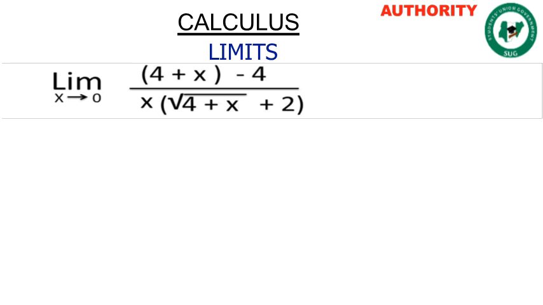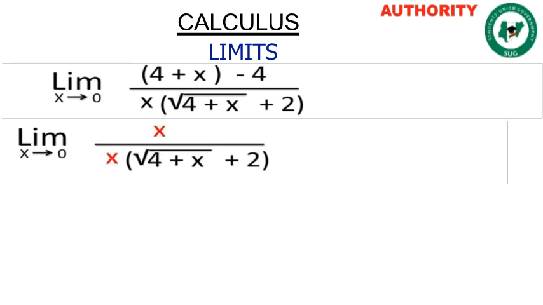Okay, now let's go. We are going to have 4 plus x minus 4. So when you perform this operation, you discover that we'll have 4 minus 4, which gives us 0. So we are having x in our numerator. So we will have lim as x approaches 0, x all over x, square root of 4 plus x plus 2 in bracket.